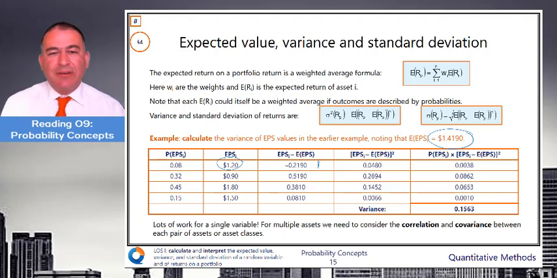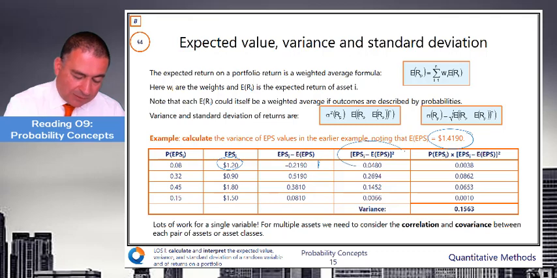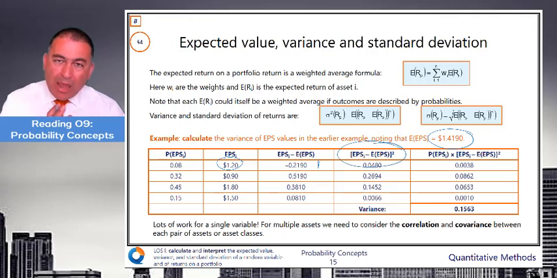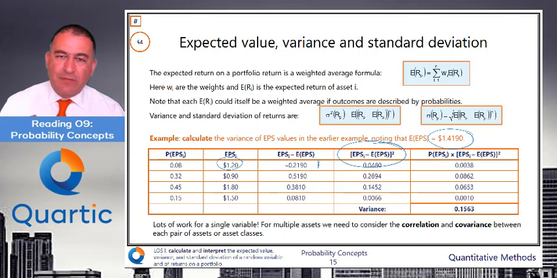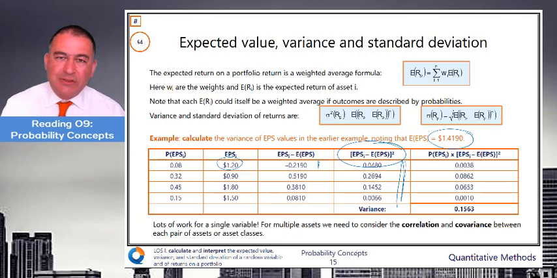So instead of saying this is some really complex, horrible formula, if you have got to the point where we know the expected value and we know EPS minus the expected EPS squared, now it's a weighted average of those 4. The variance is a weighted average of the squared deviations from the mean. As I said before, it's the mean squared deviation, so the expected squared deviation.